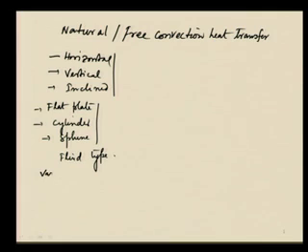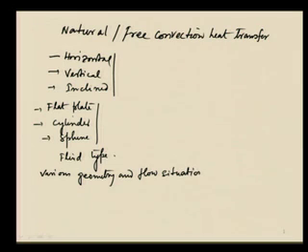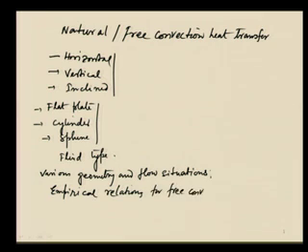So, various geometry and flow situations will be discussed, and for that, in this lecture, we are going to discuss empirical relations for free convection heat transfer. Okay. So, that is what we are going to discuss now.